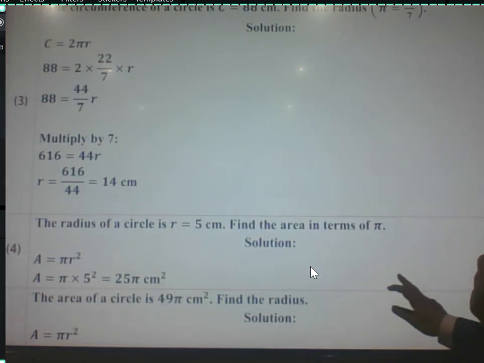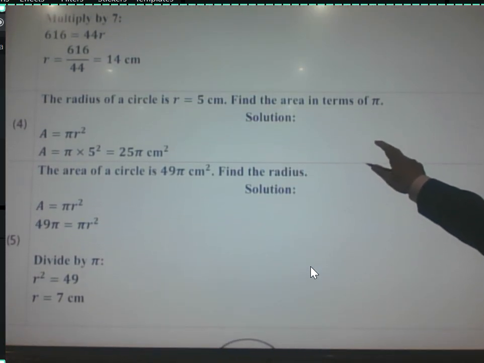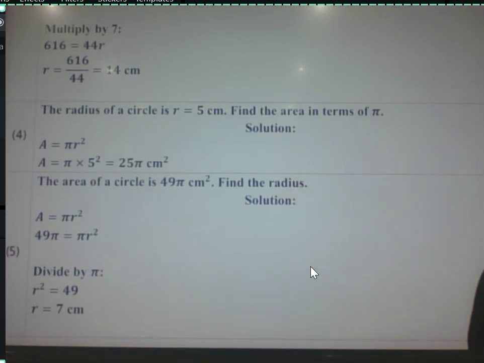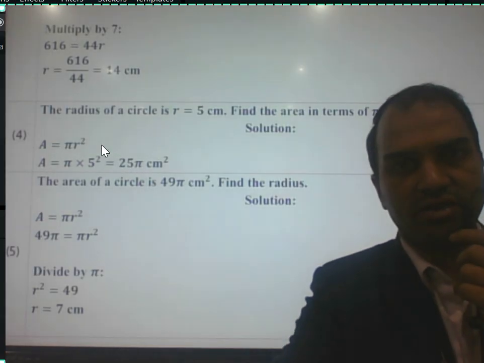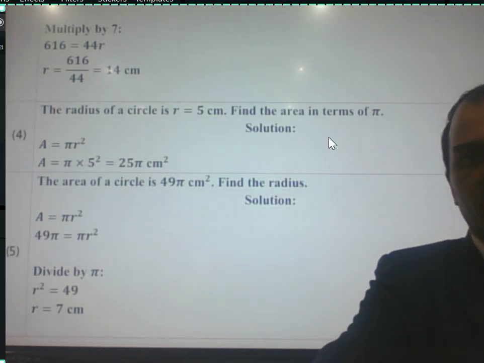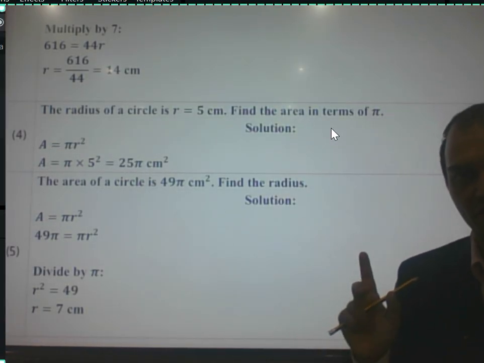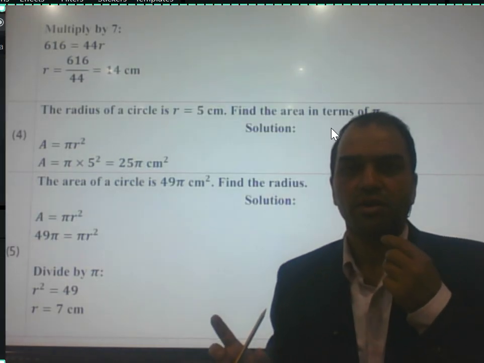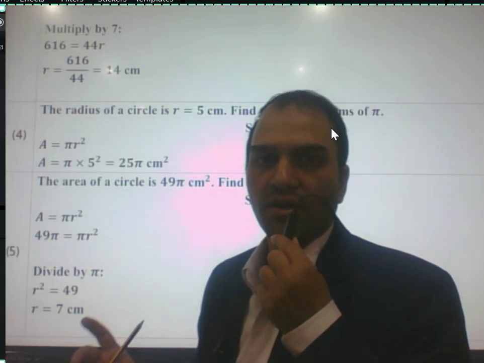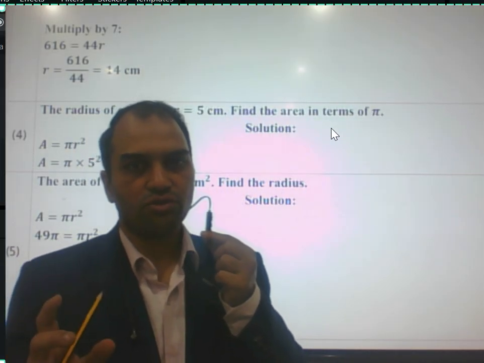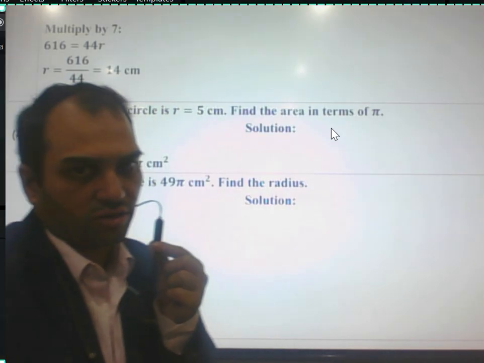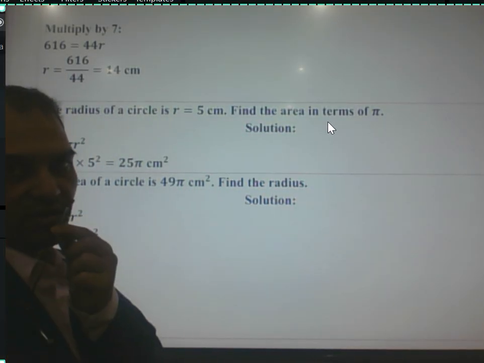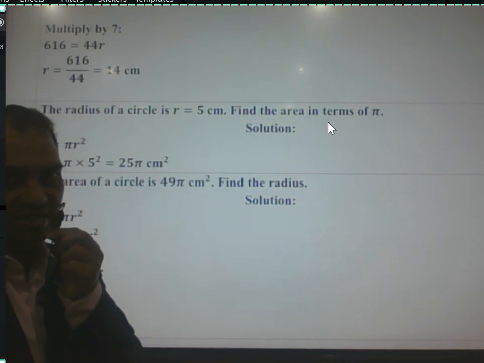Now I will explain the next questions down here. Listen to me. Number 4 and also number 5. Okay, number 4 first. He tells me the radius of the circle is 5 centimeter. Find the area. It's a direct question because he gives you the radius and wants to find the area. We know area of a circle equals pi r power 2. Pi equals 22/7 or 3.14 as you like. But in this example, he wants the area in terms of pi.